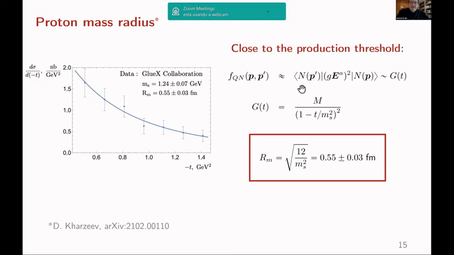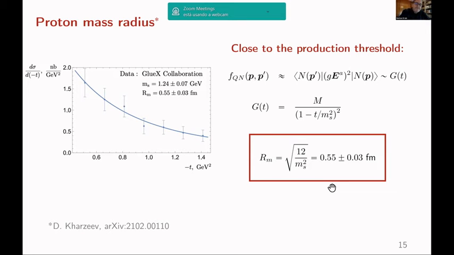And if you fit this data to a form factor such as this one, you can extract the radius of the mass distribution in the proton. You see it's of the order of 0.5, which is kind of half of the charge radius of the proton.